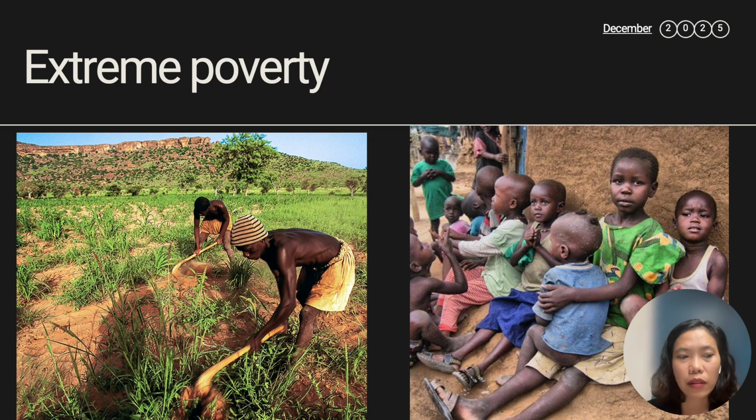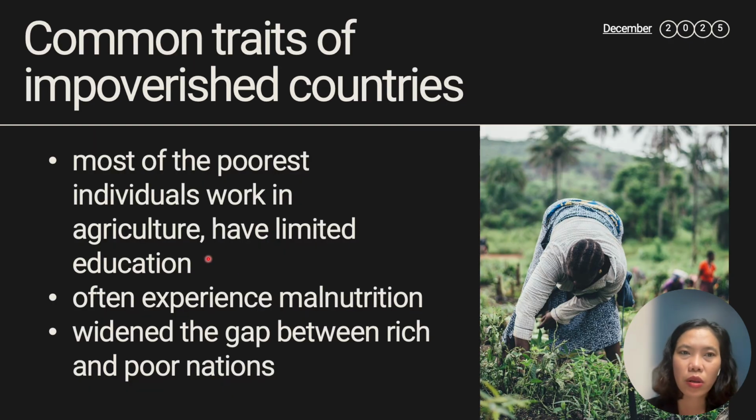So mostly these are places with political conflicts or weak government institutions, most probably in sub-Saharan Africa.